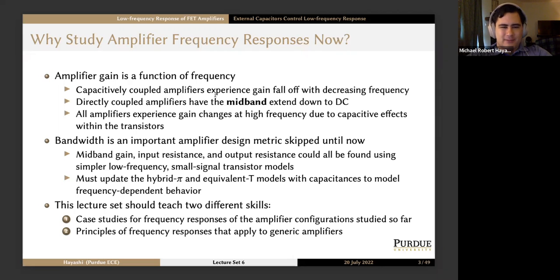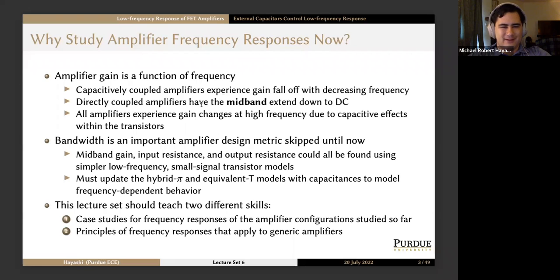So capacitively coupled amplifiers, which are the ones we were building with discrete components, like MOSFETs with 3 leads that would stick into a breadboard, are going to fall off with decreasing frequency. So as the frequency gets really low, the gain falls off.